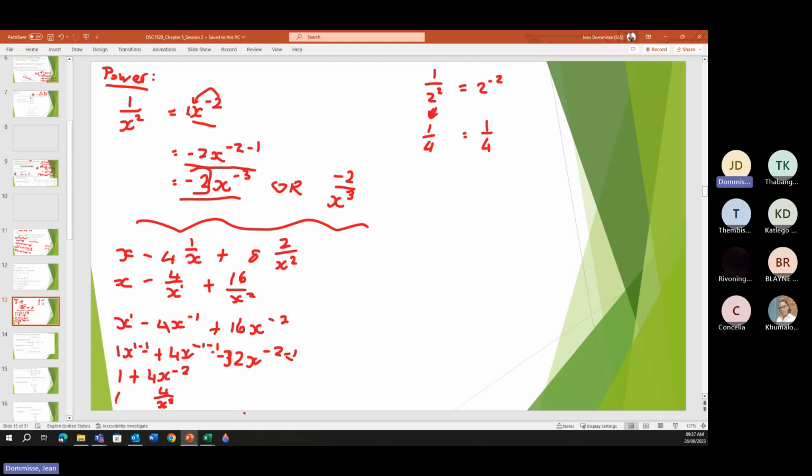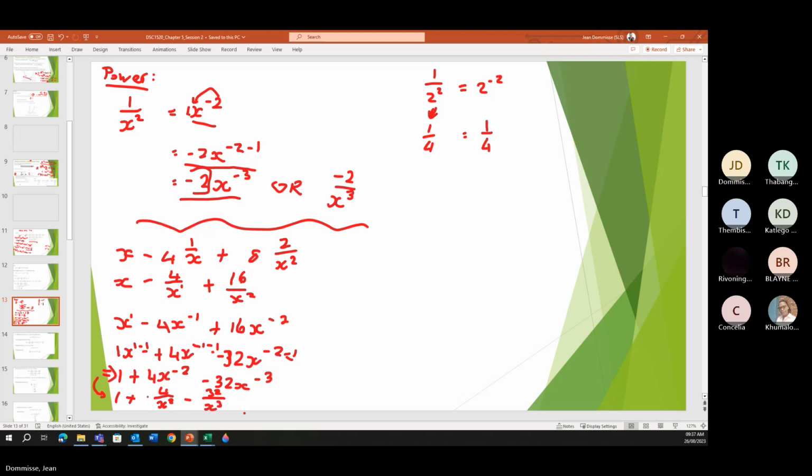So in the next step, that will be 4 over x squared if we need to simplify it. Okay, so I'm going to show it every time if we do a simplification part, that will be our answers to a simplification. Now on this one, we sit with minus 32x to the power of minus 3. So again, we can say that is minus 32 over x to the power of 3.